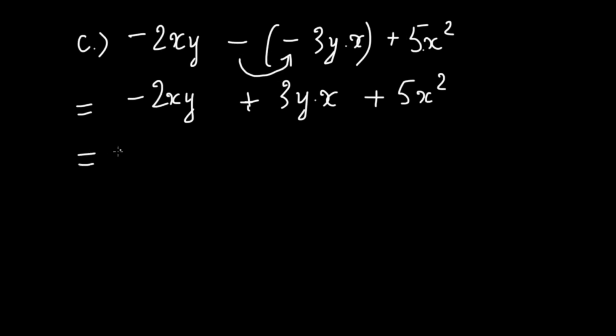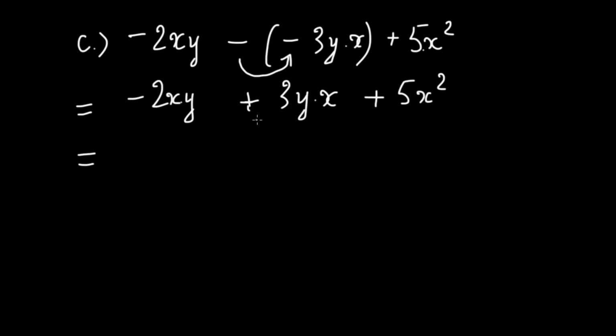We notice that x times y equals y times x. So it means these are like terms. Negative 2xy and 3yx are like terms, which means we can simplify further.